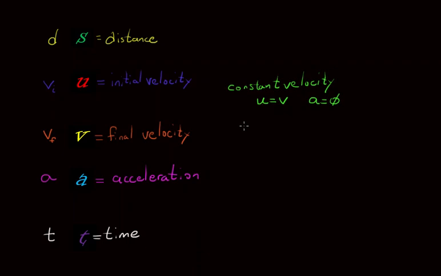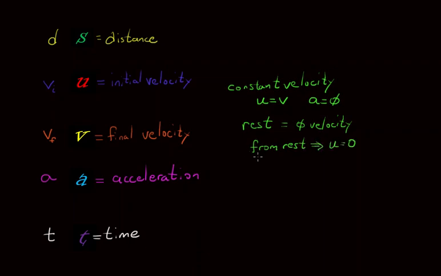If you read or hear the word rest in association with these things, that means 0 velocity. It is not moving. If you state that it is moving from rest, it means u equals 0.